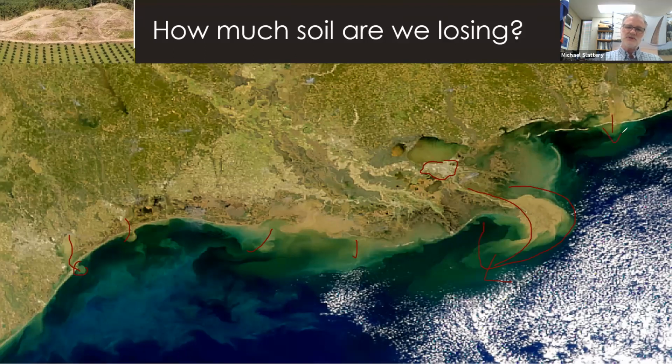So we've got a series of widespread rain events across the southeast of the United States, and large amounts of sediment flowing down our rivers and into the ocean, right? This sediment here that you see flowing into the Gulf is largely our agricultural topsoil.